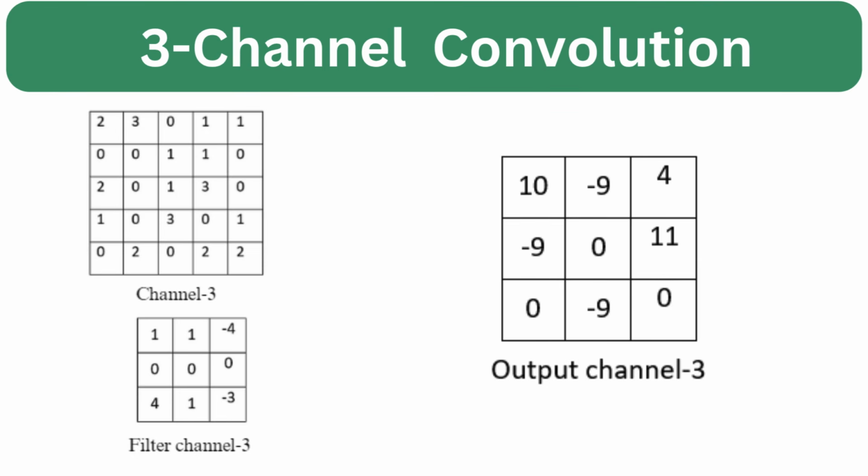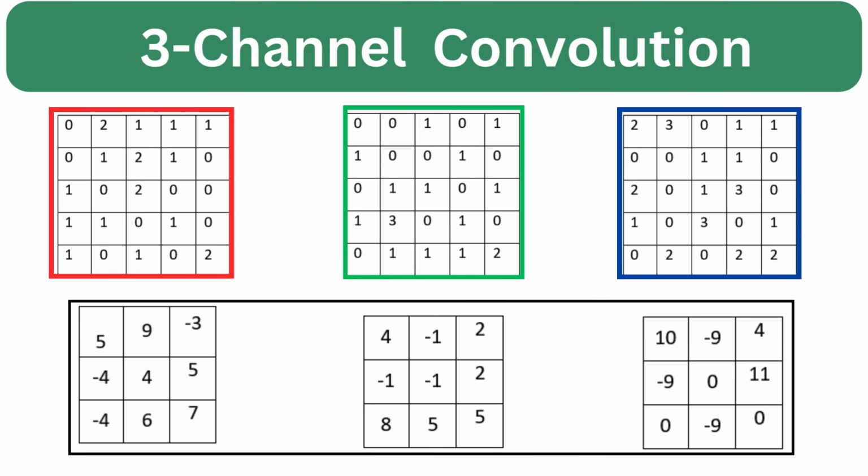Now here we can see that we have 3 channels of the input image and their corresponding output feature maps. Now the next step is to add up the corresponding values of all of these 3 channels.